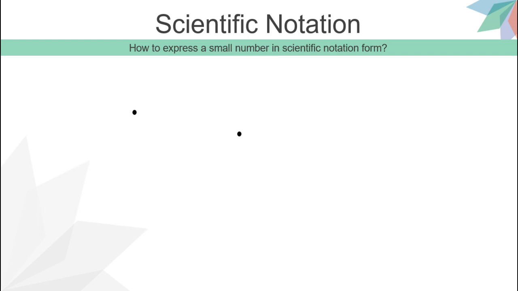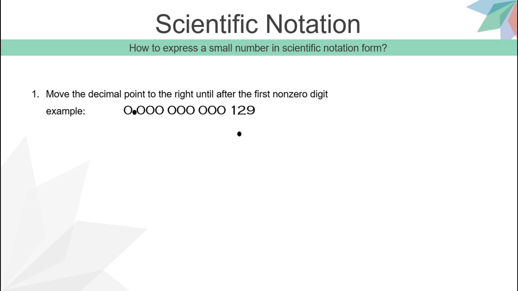Next, how to express a small number in scientific notation form. First, move the decimal point to the right until after the first non-zero digit. Like this. If you are given a very small number in decimal form, you can see where the decimal point is. As mentioned in the previous lesson, there is always a zero before the decimal point.